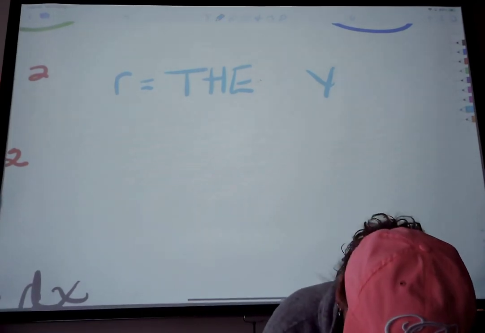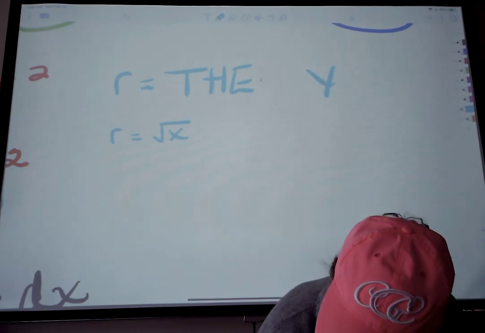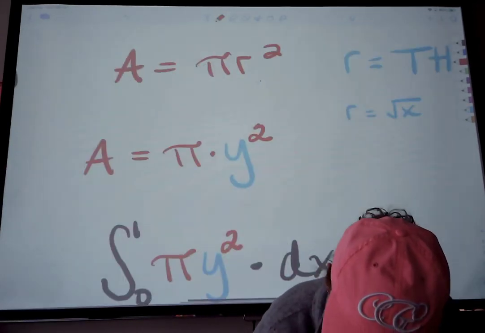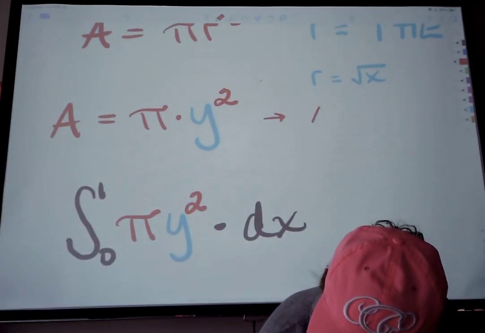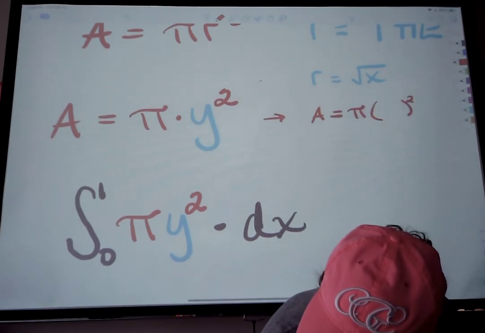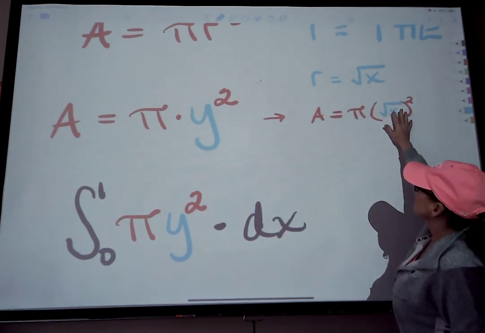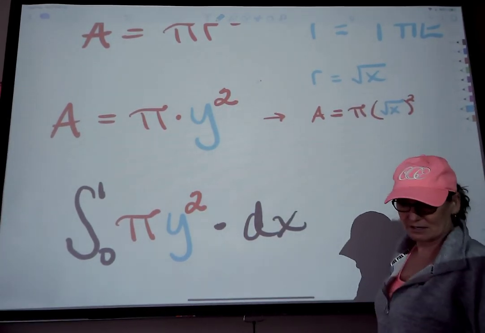So my radius is actually the square root of x, right? Thus, my area is actually pi times my y function, but in terms of x.